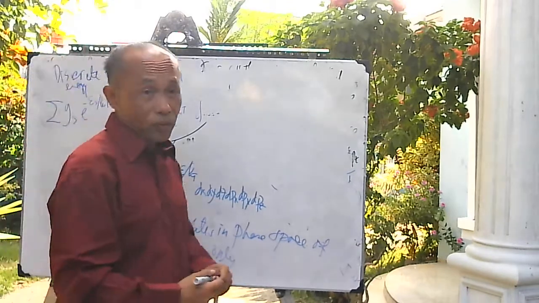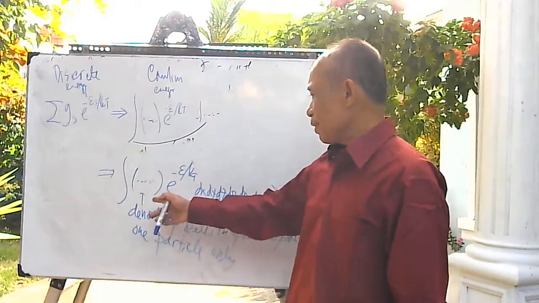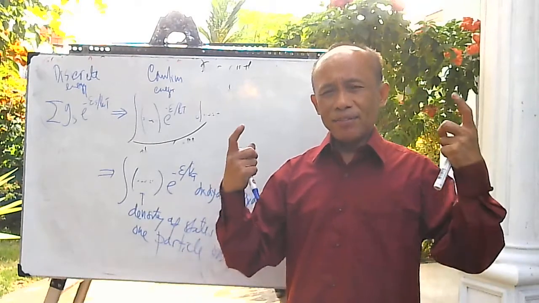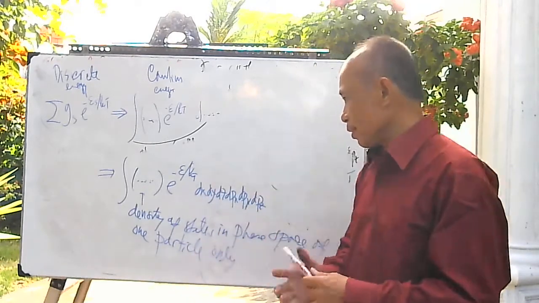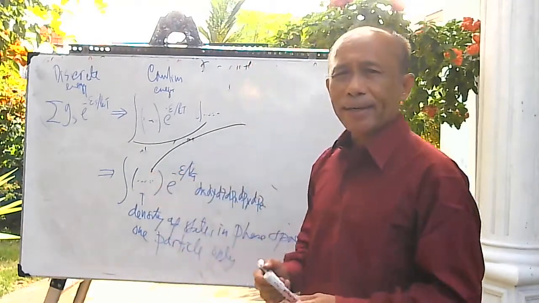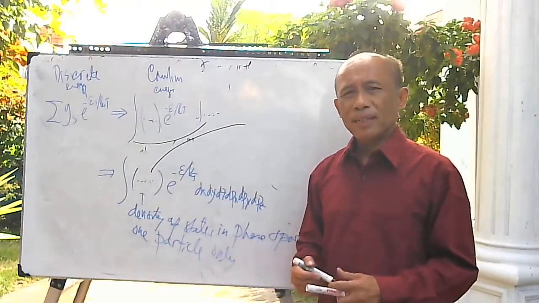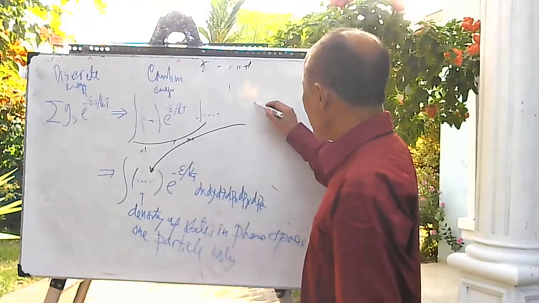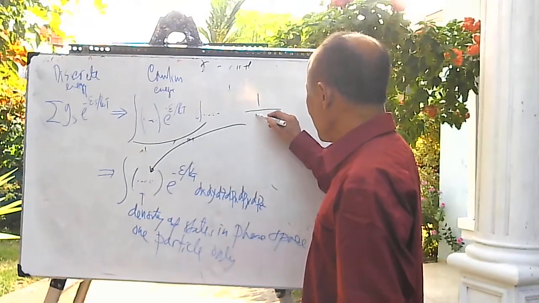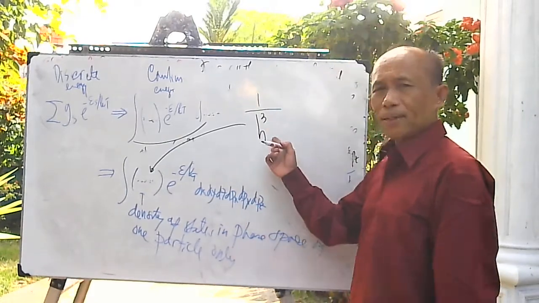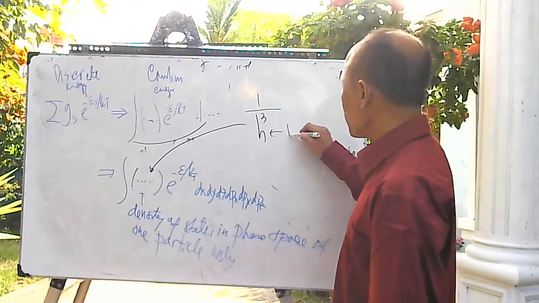Now this has been calculated in a statistical physics lecture. For one particle, the density of states in phase space is 1 over h to the power 3. This is the Planck constant.